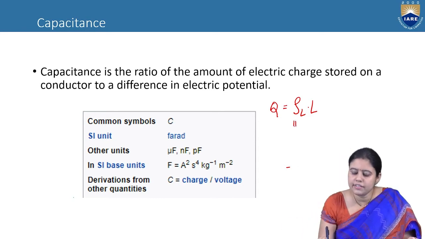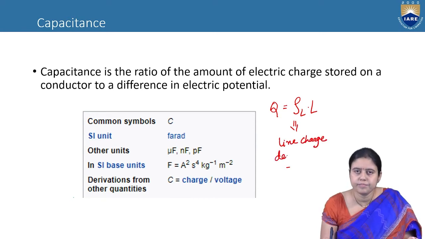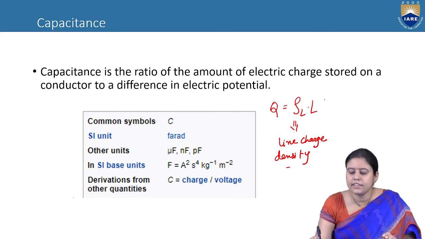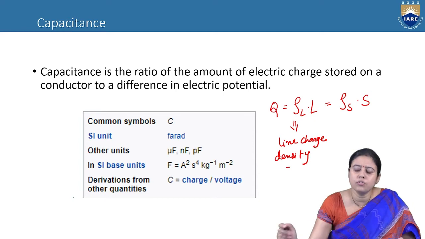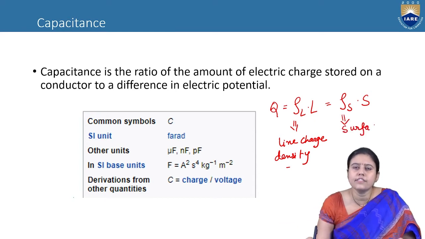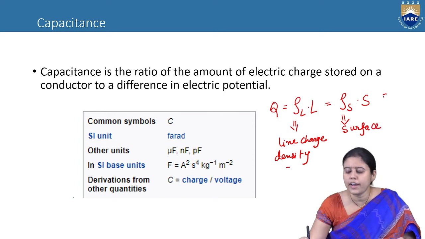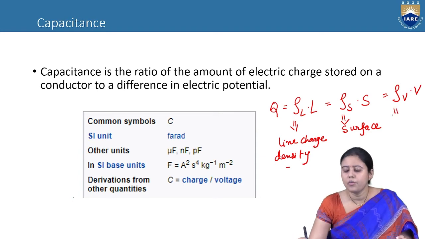Or Q is equal to rho S into S, where rho S is the surface charge density, or rho V into V, where rho V is the volume charge density.